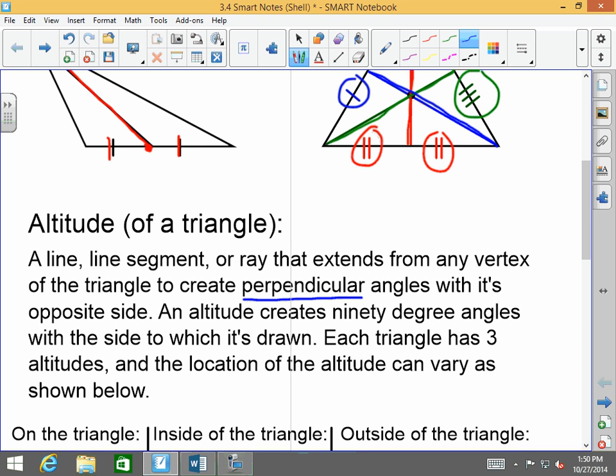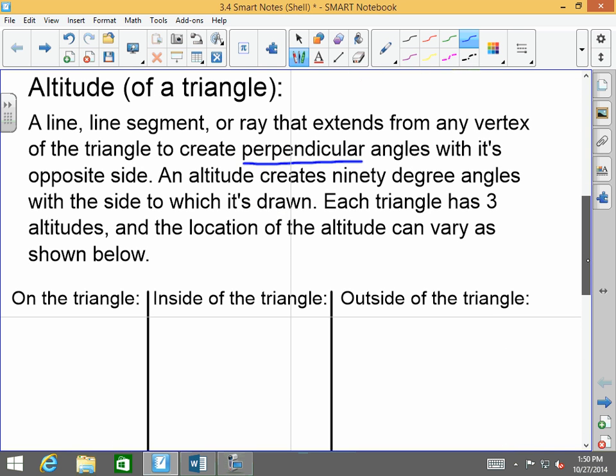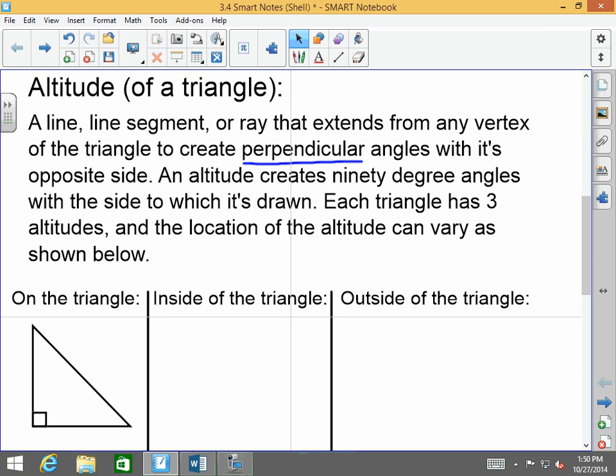And the location of an altitude can vary as shown below. You can have an altitude on the triangle. As you can see very clearly here, here's my triangle, and it's actually on the edge of the triangle.